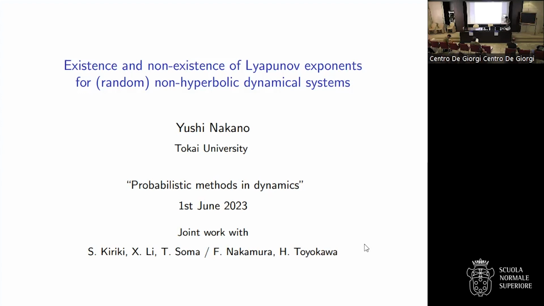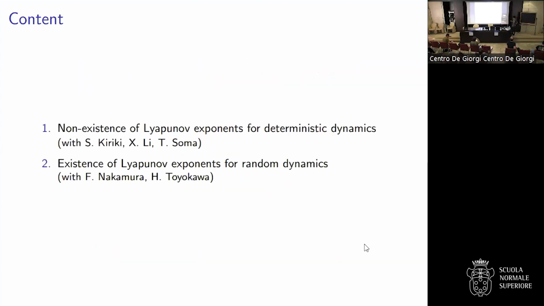So today I talk about the Lyapunov exponent, and it consists of two parts. One is about the non-existence of the Lyapunov exponent for deterministic dynamics, especially for some non-hyperbolic systems, meaning without dominated splitting.